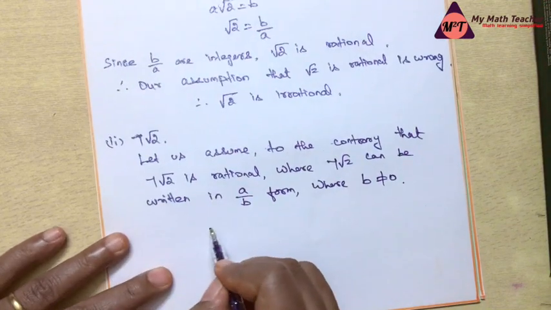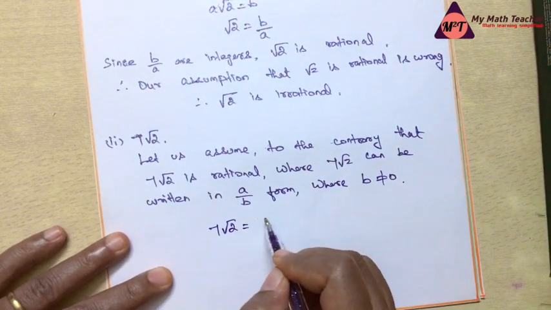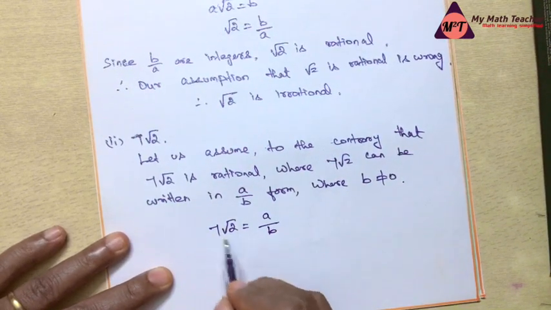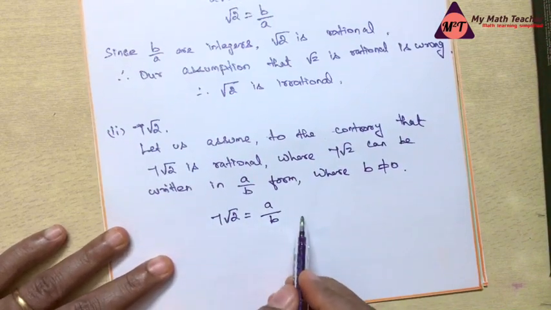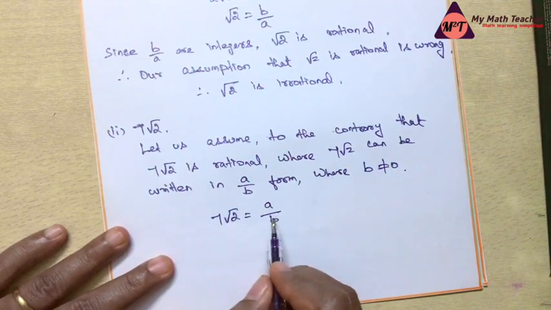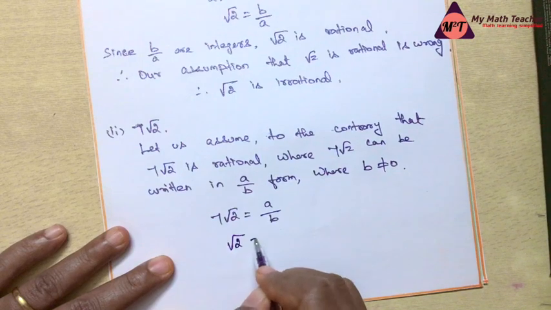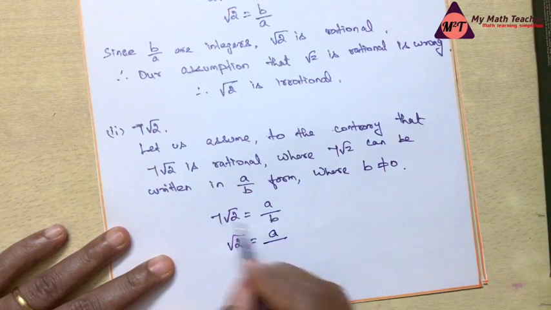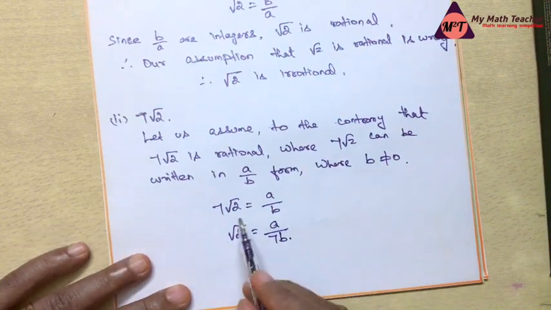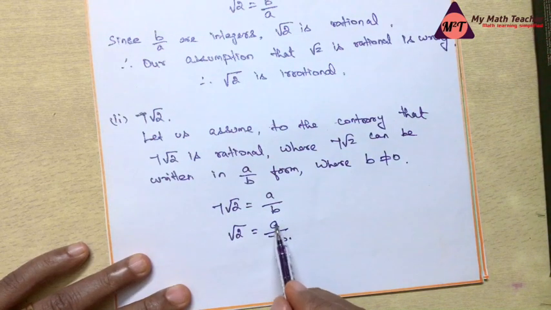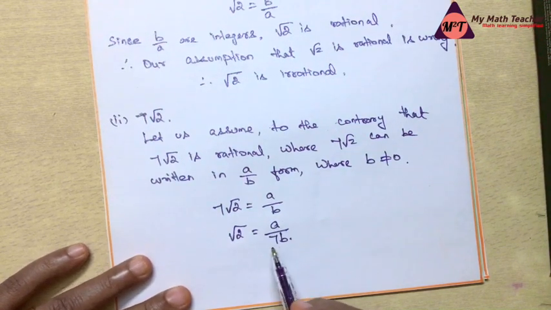Now 7 root 2 can be written as a by b form. We need the root 2 value. Bring this 7 to the opposite side. Multiplication will become division. Product will become division. Root 2 is a by 7b.